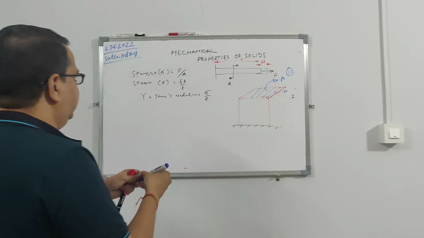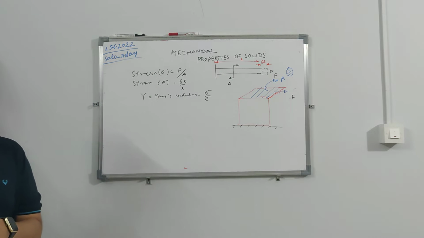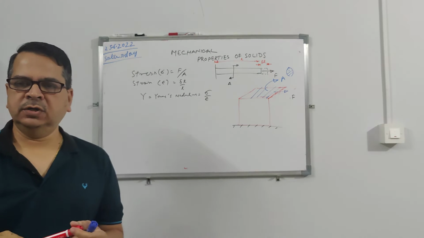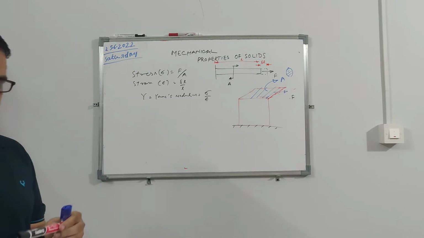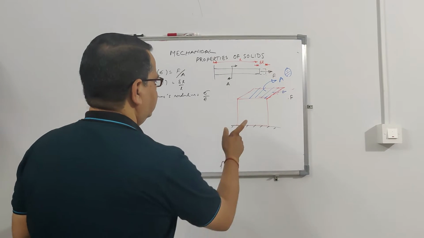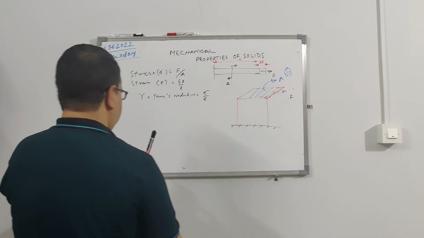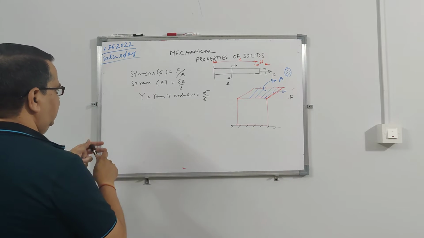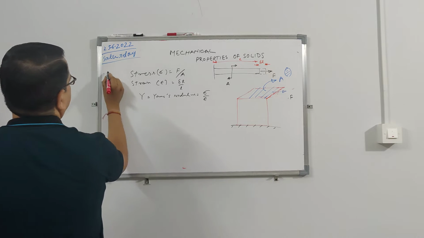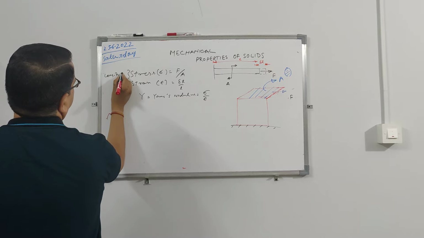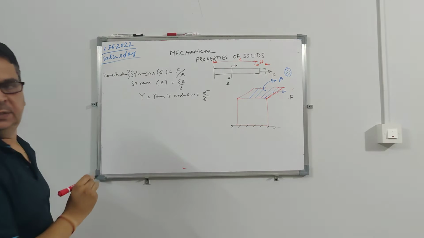Here there are three things: one is Young's modulus, one is modulus of rigidity, and another is bulk modulus. For Young's modulus, these are all longitudinal stresses.